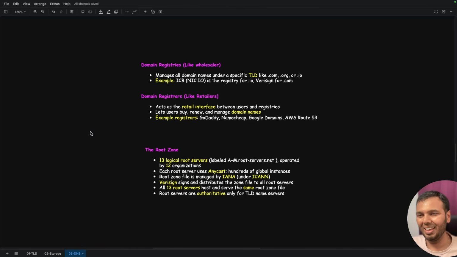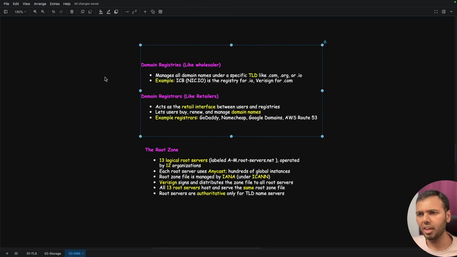So there is a registry that manages .com, there is a registry that manages .org, there is a registry that manages .io. For example, ICB, whose registry is nic.io, is the registry for .io. VeriSign is the registry for .com, and we already looked at it in our diagram, but here I am giving it a name. You will see the names domain registries or TLD registries.